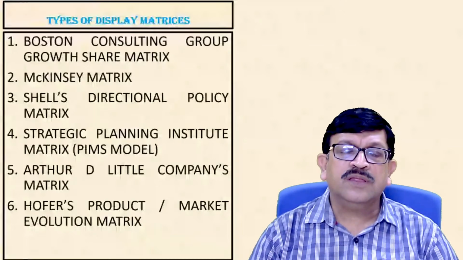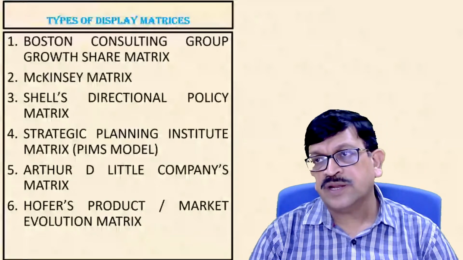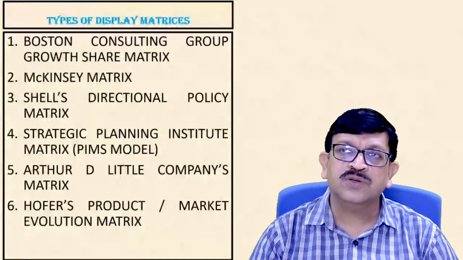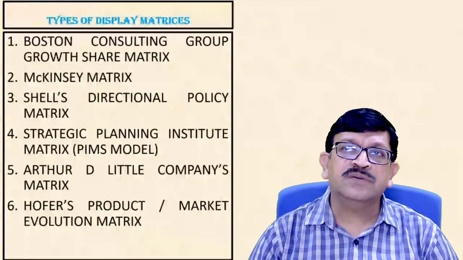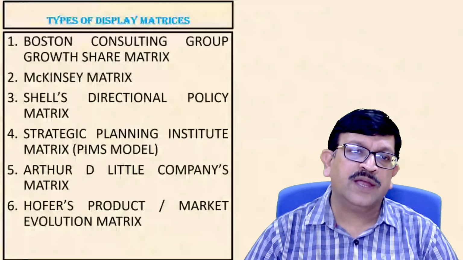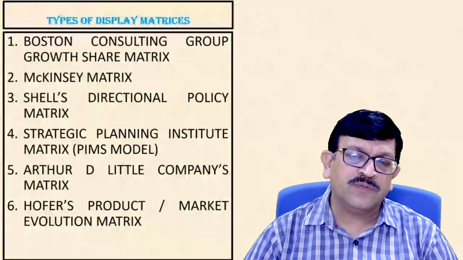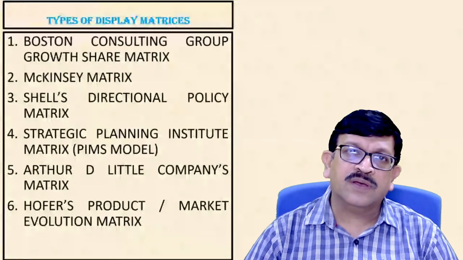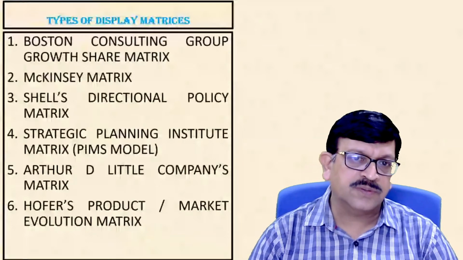The third is Shell's directional policy matrix, a derived kind of matrix, which looks at what kind of policy direction we can get, given the core competency of the firm, the competitive environment in which they are operating, and the attractiveness parameters.